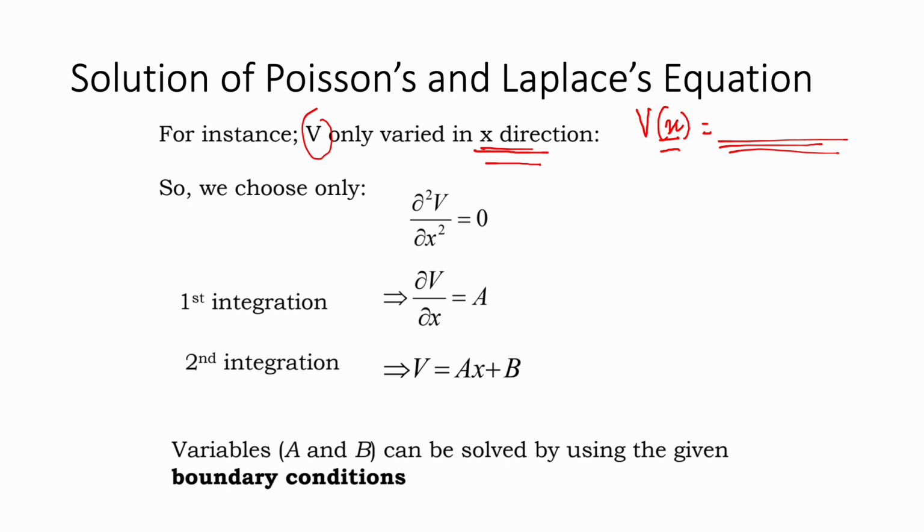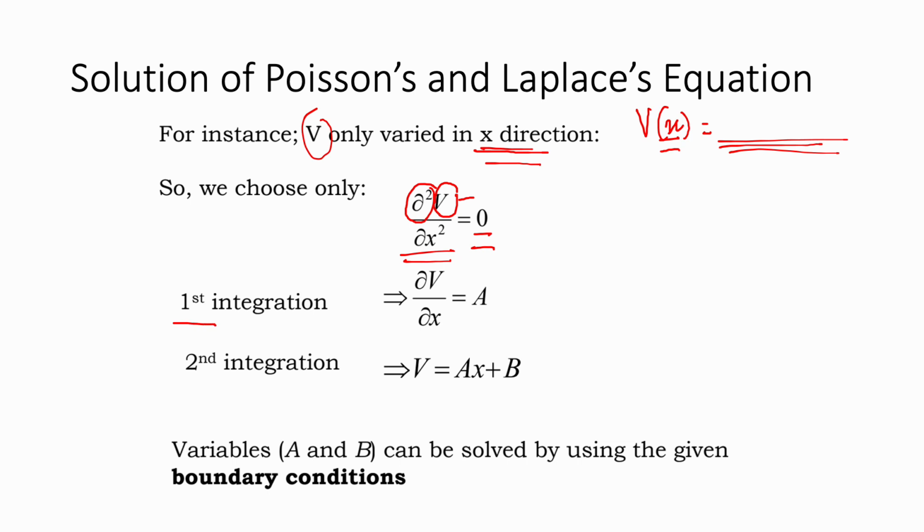So we choose only the x variable. The equation is the double differential of v over dx squared equals 0. Since it is a double differential, in order to obtain v we have to use the reverse mathematical operation. The reverse of differentiation is integration, so it will be double integration.